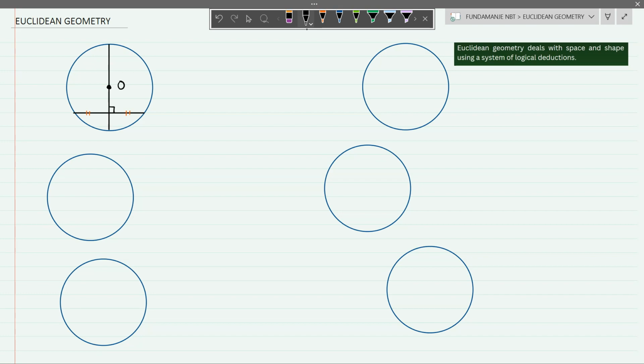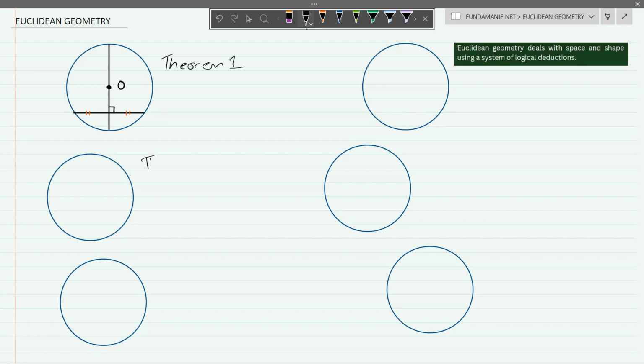So this is the first law: line from the center, perpendicular bisector of a chord. So given that you have a line and it cuts through a chord into equal parts, you can then conclude that it's cutting it perpendicularly. That is theorem number 1.